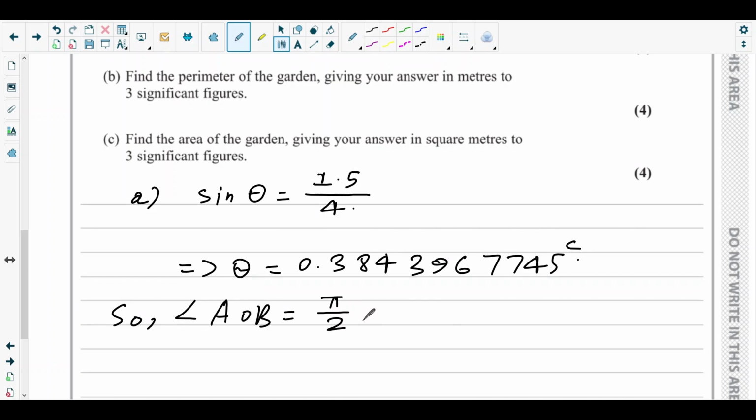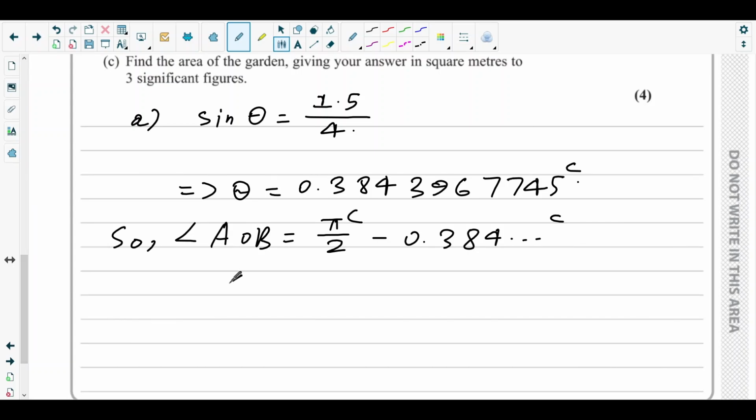So angle AOB would be pi over 2, 90 degrees, minus 0.384 radians. That is 3.1416 over 2 minus the answer, which is saved in my calculator. You get 1.186403226 radians.